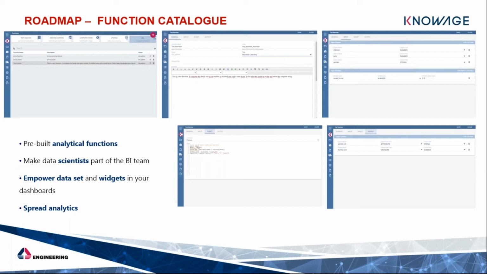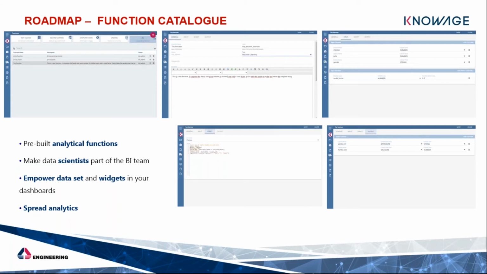This means that while you are using a dataset in a widget, you can also use the already coded function provided by the data scientist to add a column in the dataset and plot the new column also with the traditional chart without writing other R or Python code in the widget.